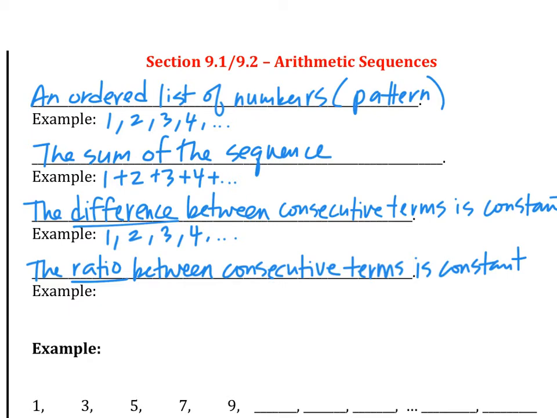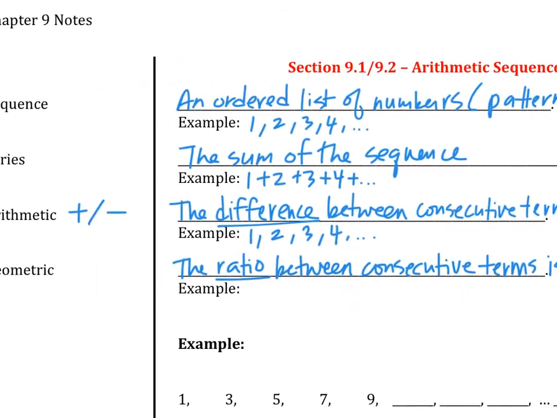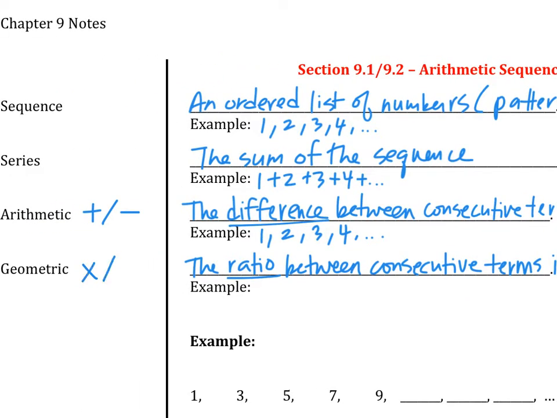What does ratio mean? Fraction. So basically when we divide two terms, that ratio is constant. So basically this is multiply or divide. Okay, so for example, 1, 2, 4, 8, 16. So what am I doing to get to the next number? Times 2. Okay, so when I multiply or divide to get to the next number, I call that geometric.